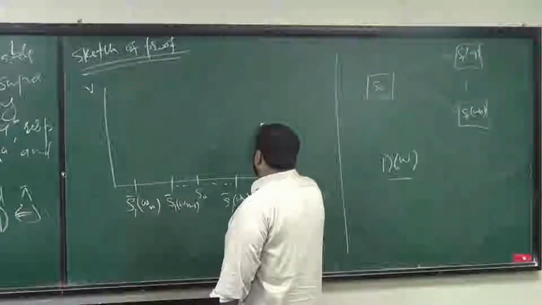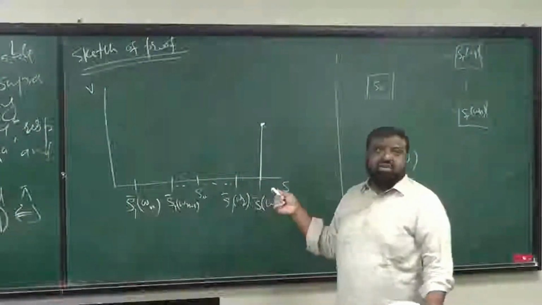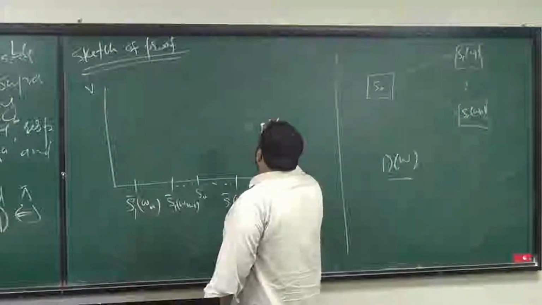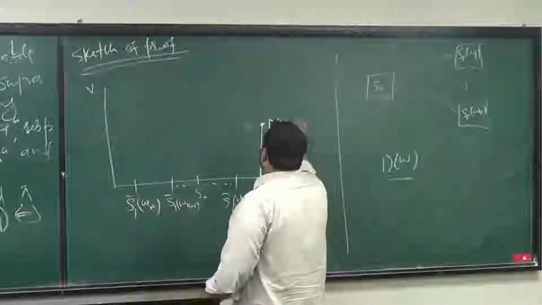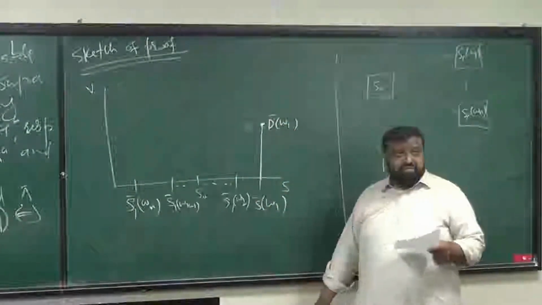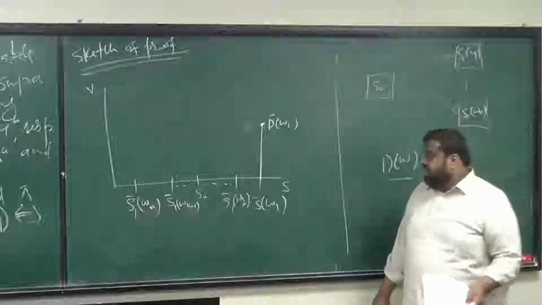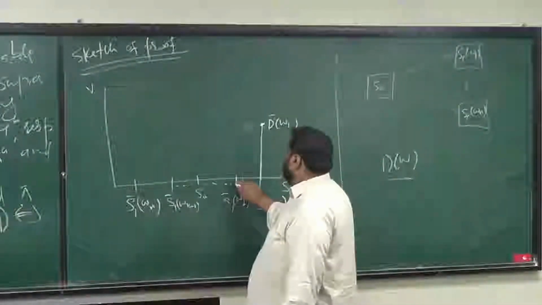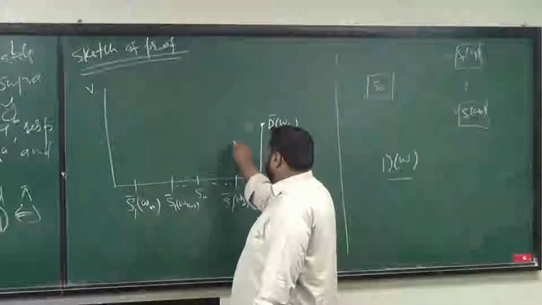I don't know which value it is going to be. D of omega 1, in case of this, can be anywhere. Here maybe.